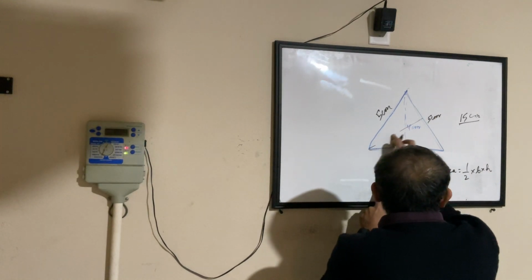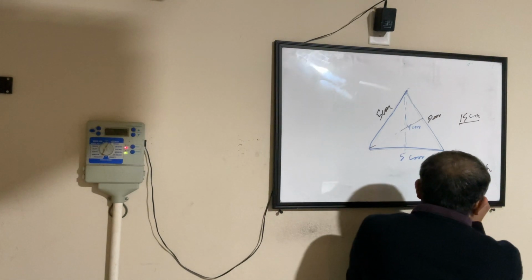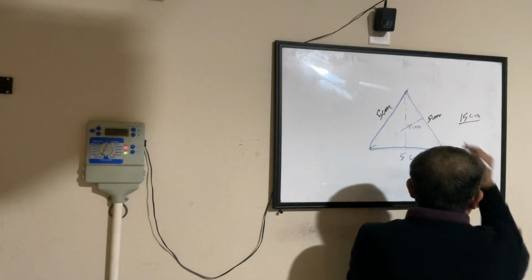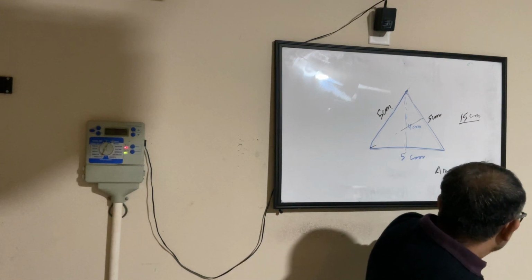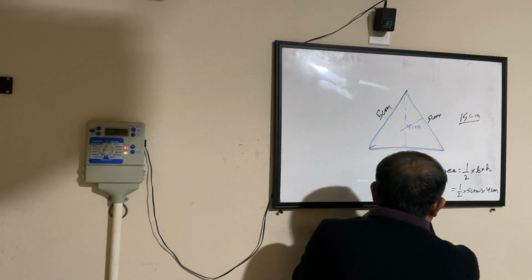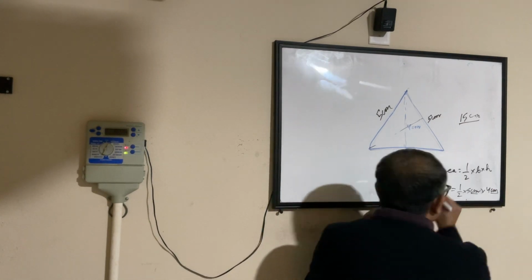But good that we have one base and one height given. So half into base. Base is 5 centimeter. Height is 4 centimeter. This becomes 5 times 4, 20 divided by 2, that is 10. 10 centimeter into centimeter becomes centimeter square.